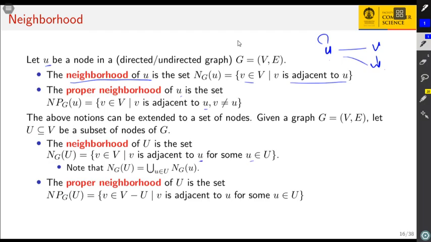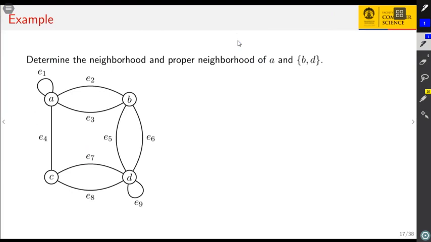To clarify this, let's see some examples. Here's an example, our graph from earlier.